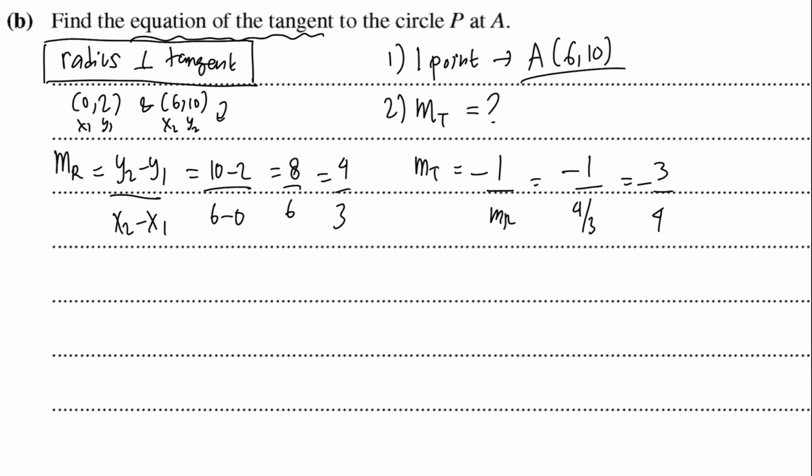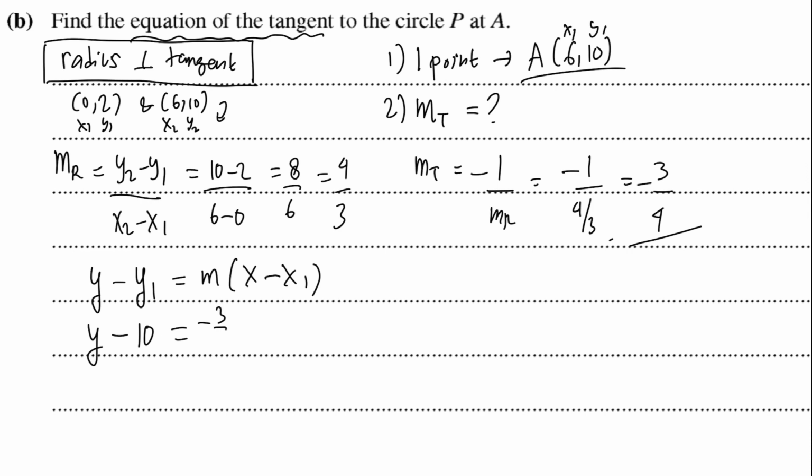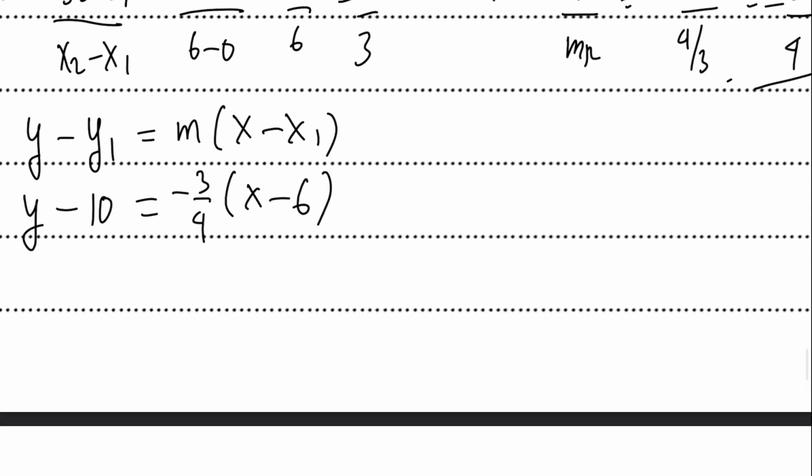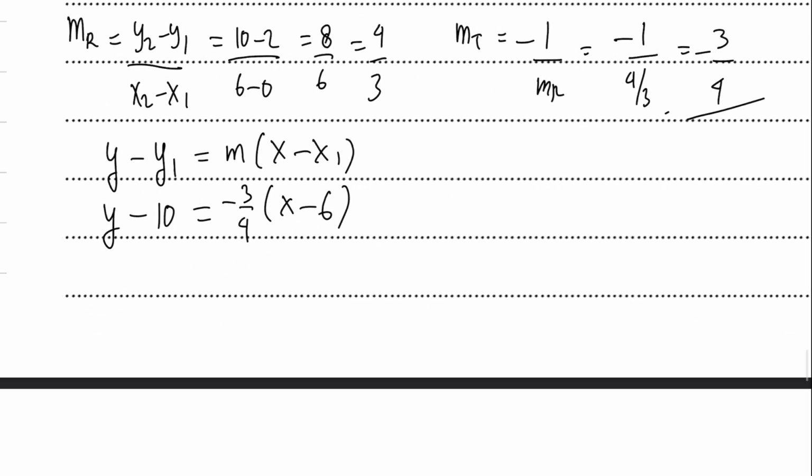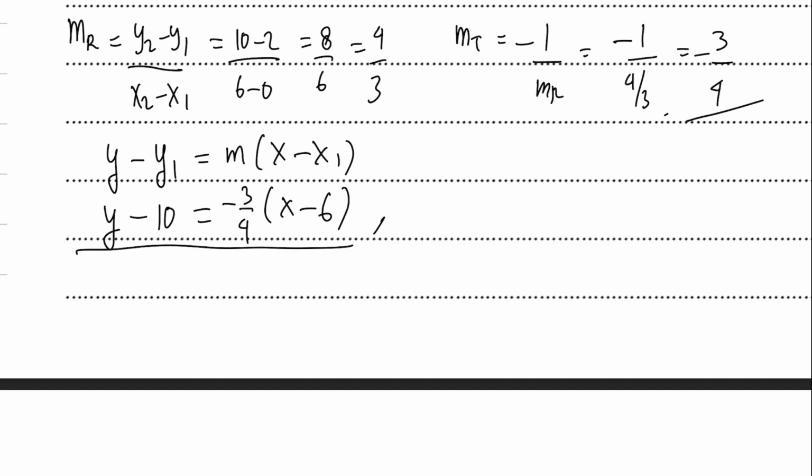We have the point, we have the gradient. So use the equation of the line, y - y1 = m(x - x1). So y - 10 = -3/4 (x - 6). I don't like the 4, so we multiply both sides by 4.